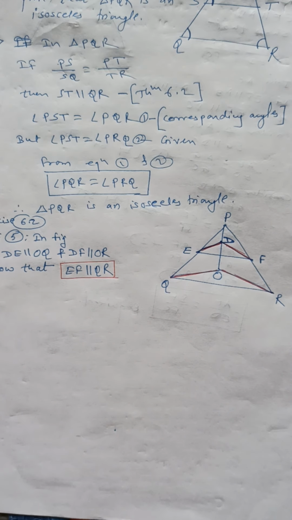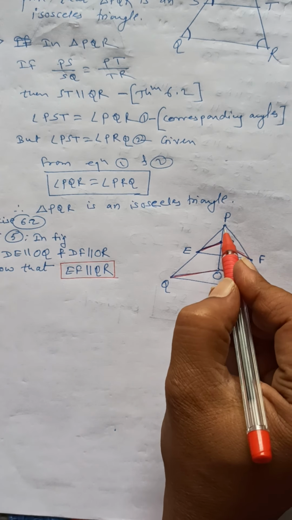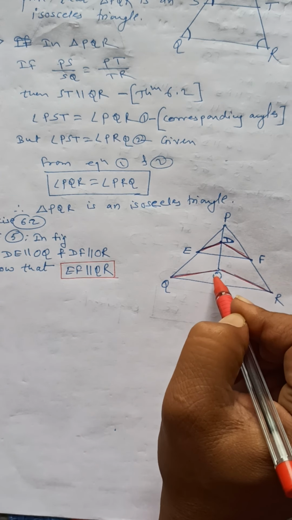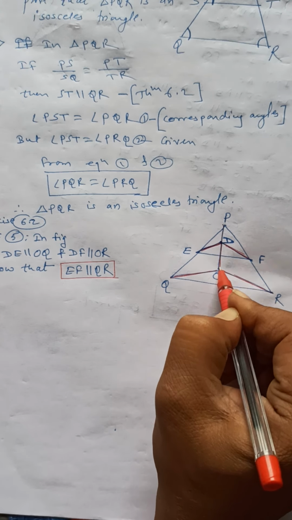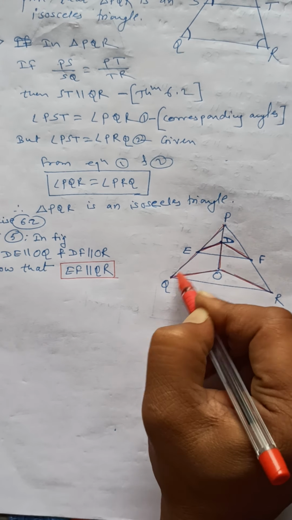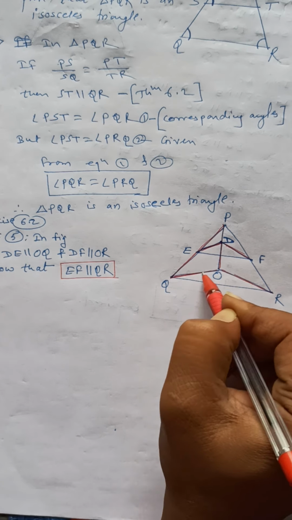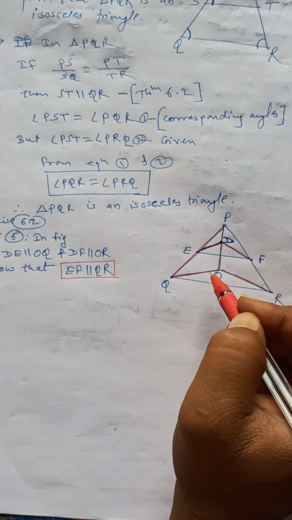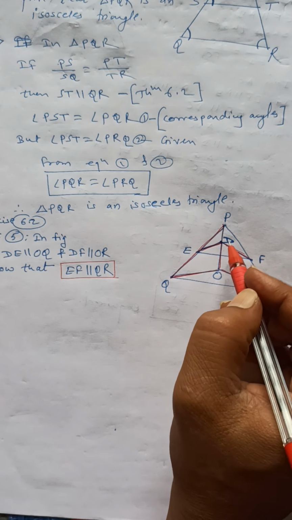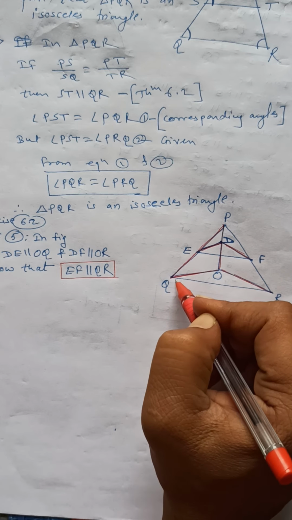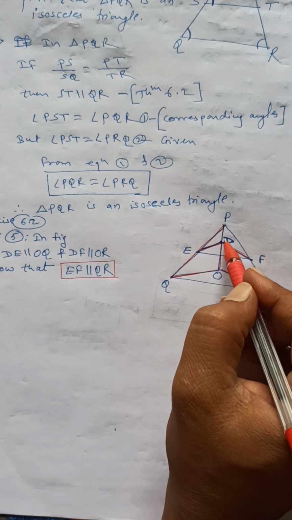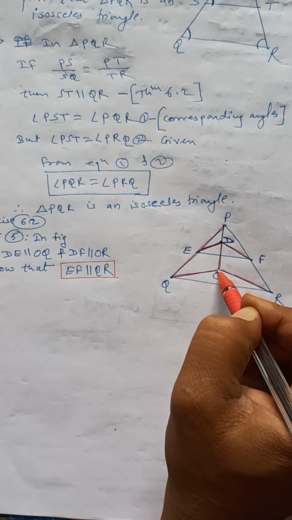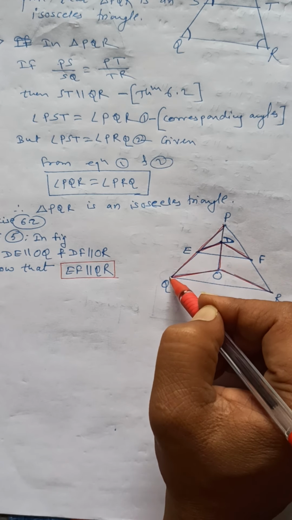How do we show it? First, I will consider the triangle POQ. In that, DE is parallel with OQ. So by the basic proportionality theorem, we can say that PD upon DO is equal to PE upon EQ.